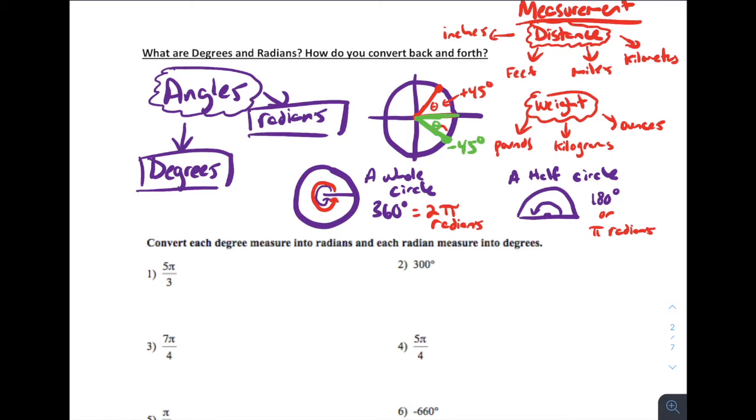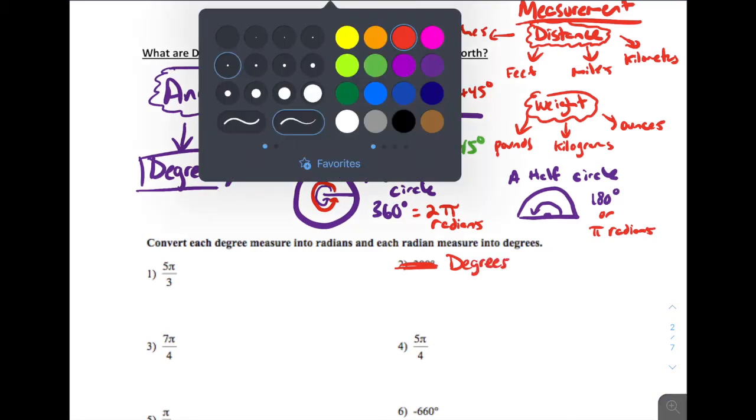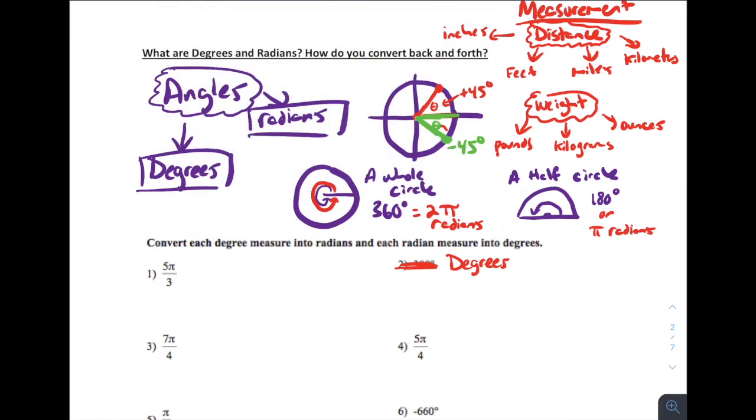Because of that, we can essentially create a formula and a unit conversion. For example, I'm going to erase this for right now just so we've got a little more room. But for example, if I have something in degrees, to convert it, I would need to multiply by the ratio of radians over degrees.